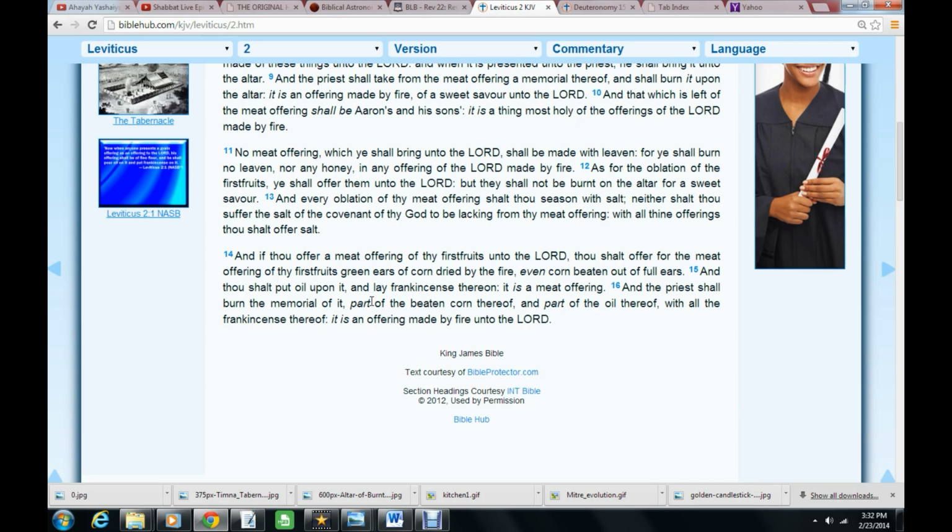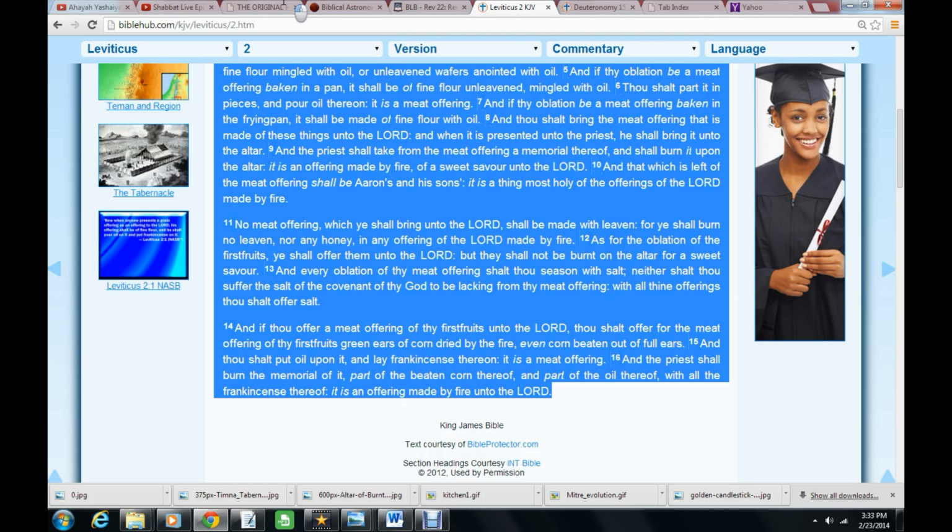It is a meat offering, and the priest shall burn the memorial of it, part of the beaten corn thereof, and part of the oil thereof, with all the frankincense thereof. It is an offering made by fire unto the Most High. So all of this is going to burn together pretty much.